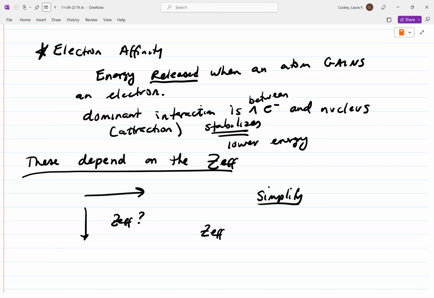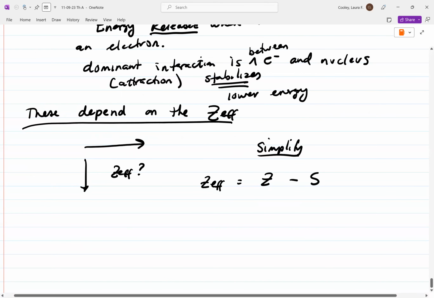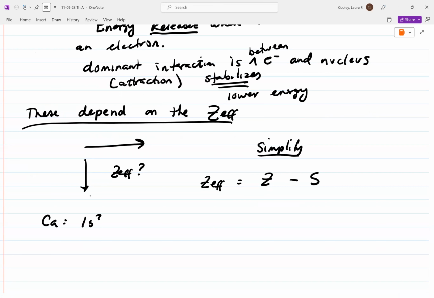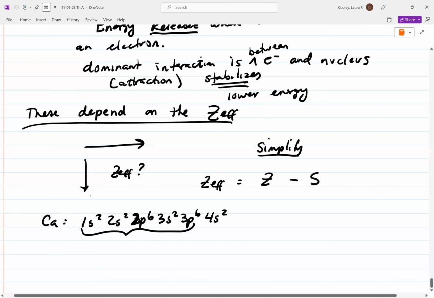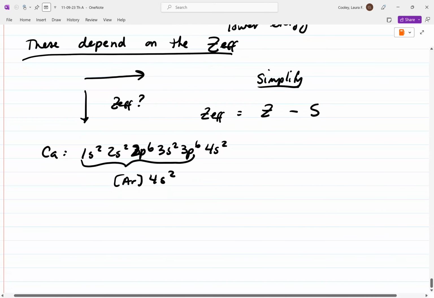The effective nuclear charge, if you remember, is the charge on the nucleus minus the shielding. Let me take calcium as an example. Here is its electron configuration: 1s2, 2s2, 2p6, 3s2, 3p6, 4s2, which, as you know, we can write as argon 4s2. Now, I'm going to make a couple of assumptions.